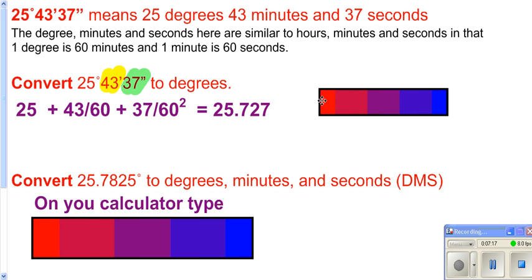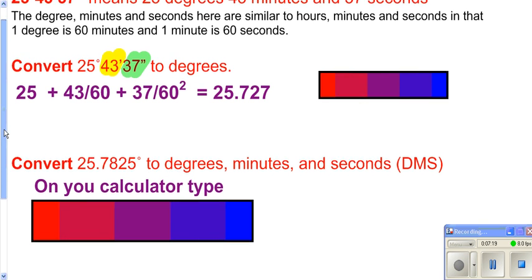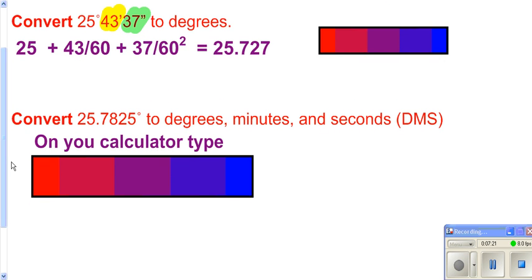Well, in math, we typically have a forwards way and we have a reverse way. We can do it one way and we can do it backwards. Here we have an angle with degrees and a decimal, and we now want to change that back into degrees, minutes, and seconds. The easiest way to do that is to make sure your calculator is in the degree mode.